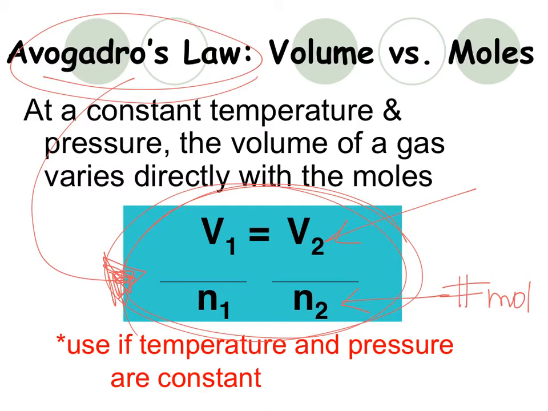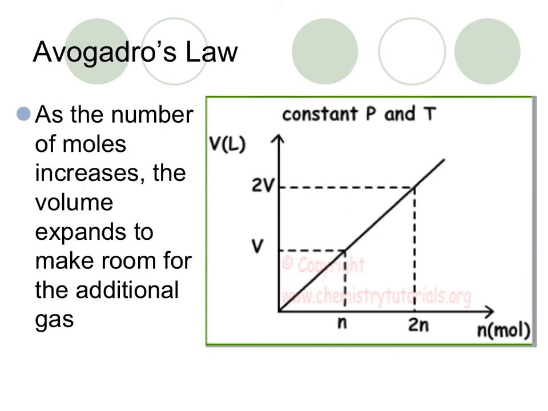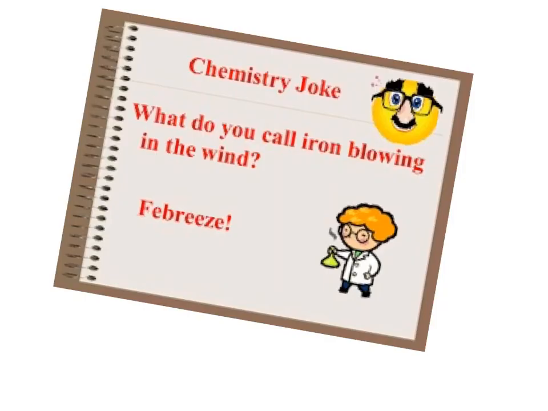If I take some of the moles away, the container can get smaller. Duh, no problem. But that is Avogadro's law. He's got a direct relationship just like everybody else. If I doubled the moles, I need to double the size of the box that holds my moles. So that's kind of common sense. That's all you need to know about Avogadro.